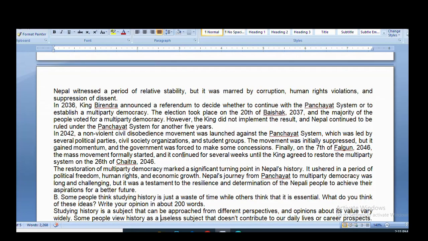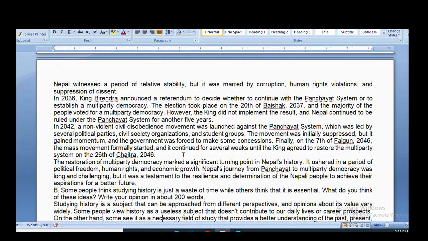In 2036, King Birendra announced a referendum to decide whether to continue with the panchayat system or to establish a multi-party democracy. The election took place on the 20th of Vaisakh 2037 and the majority of the people voted for a multi-party democracy.